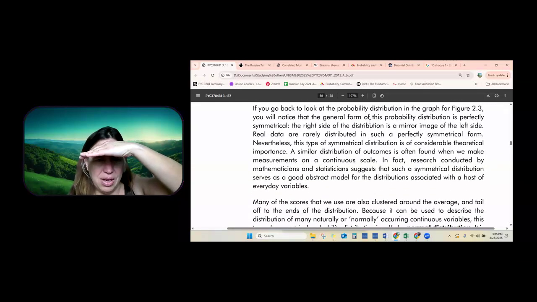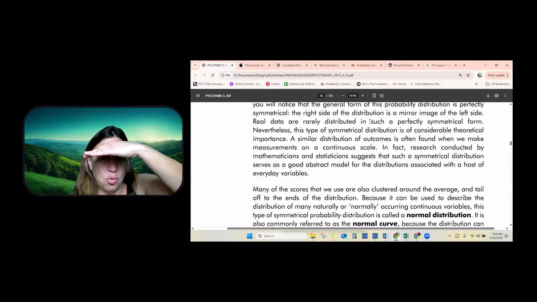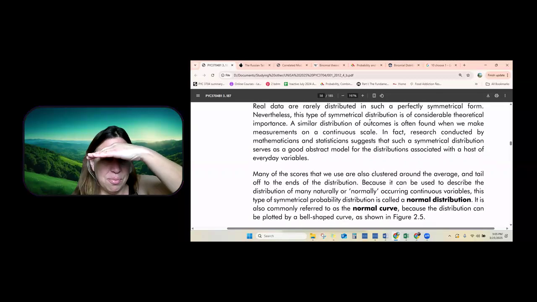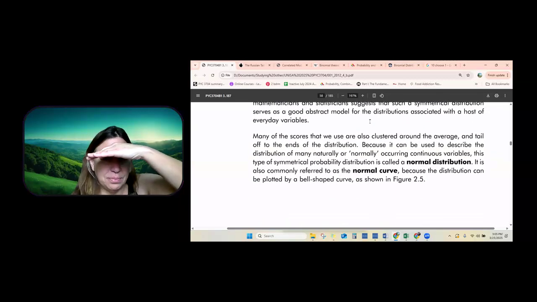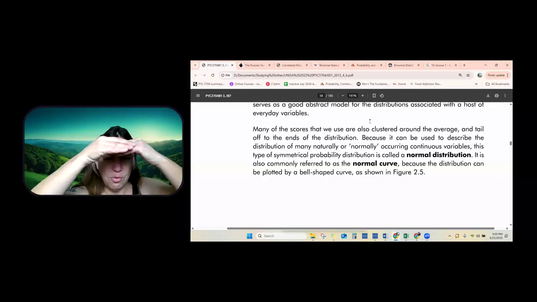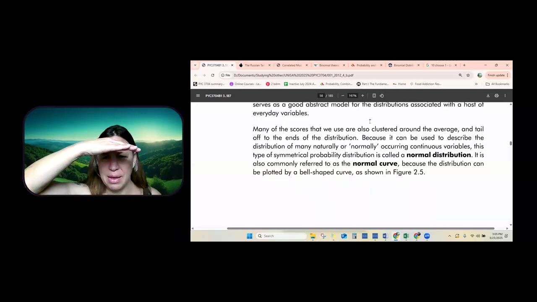Real data is rarely distributed in such perfectly symmetrical form, but it's of considerable theoretical importance. We expect a similar distribution whenever we make measurements on a continuous scale. It's a good model for many everyday variables. Many of the scores that we use are also clustered around the average and tail off towards the ends of the distribution.